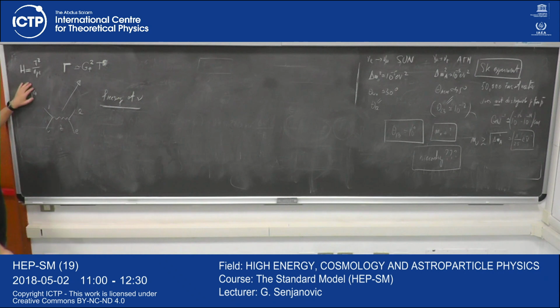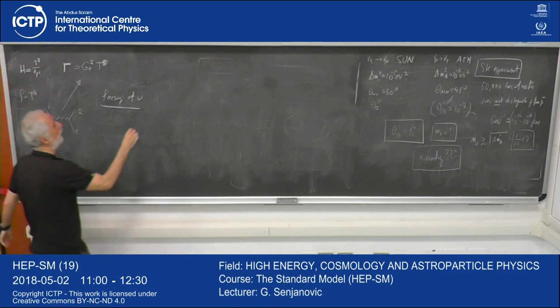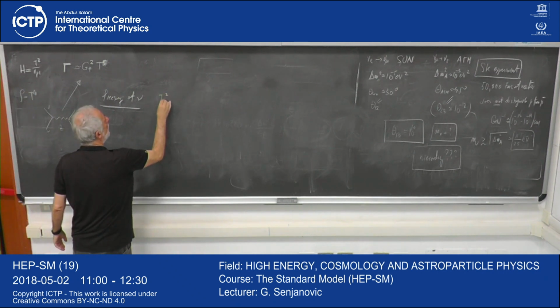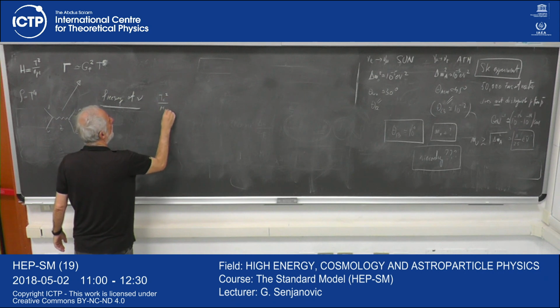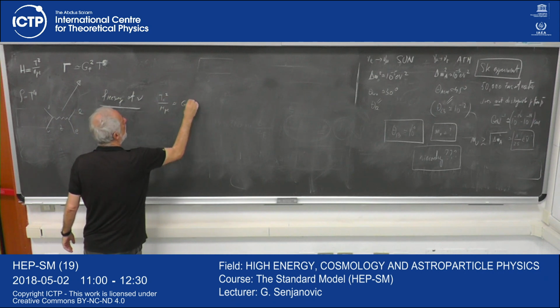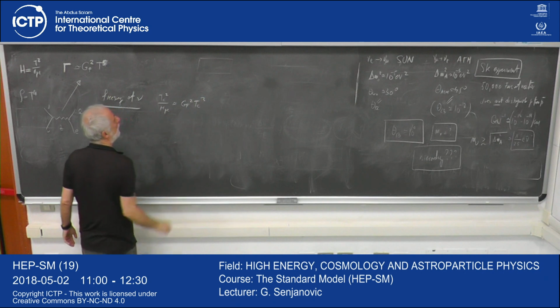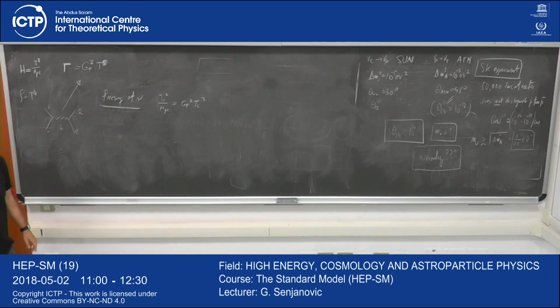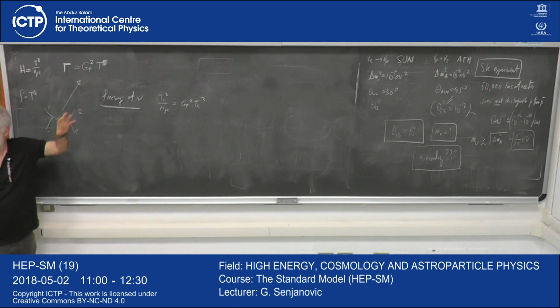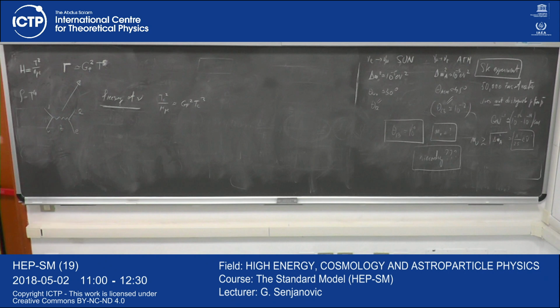When does it happen? When these two are equal. T critical over M Planck is roughly GF squared, T critical cubed. And notice what I'm doing: it's a miracle if I get it right, but I'm taking all the coefficients to be 1. Here there is, I don't know, 192 pi cubed. There is a coefficient here, it has to do with the number of species. I can't do that, I just want to give you a rough idea.